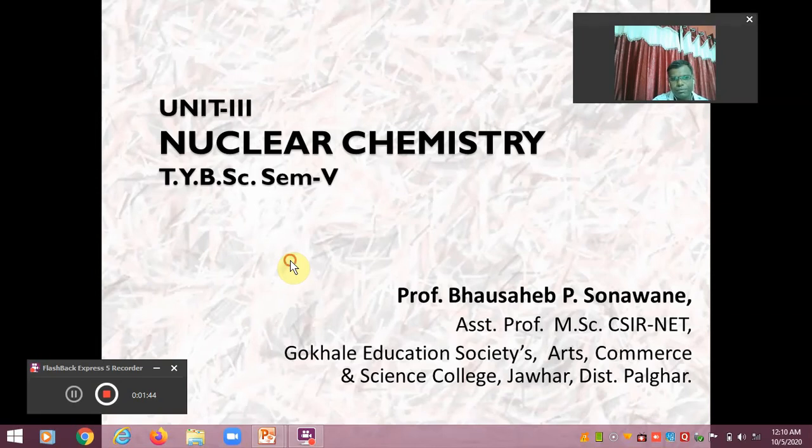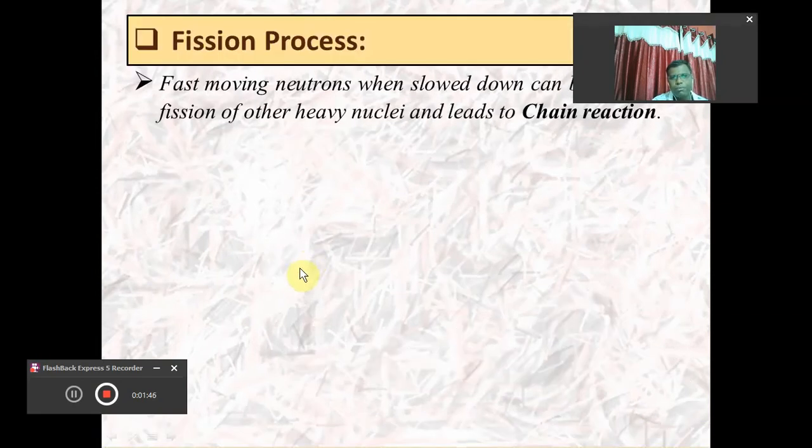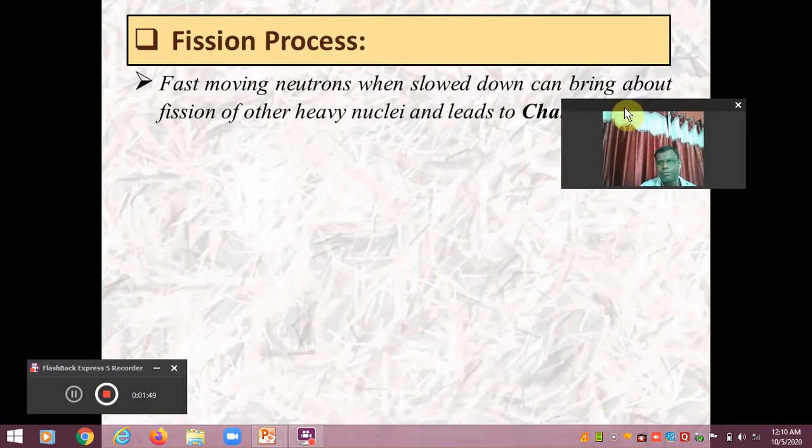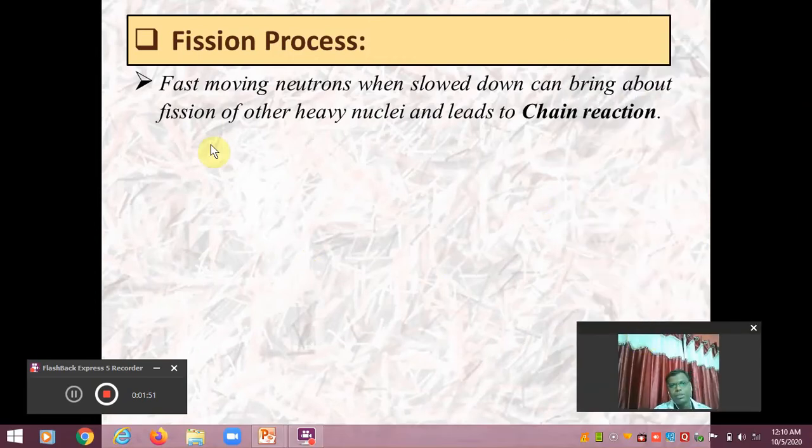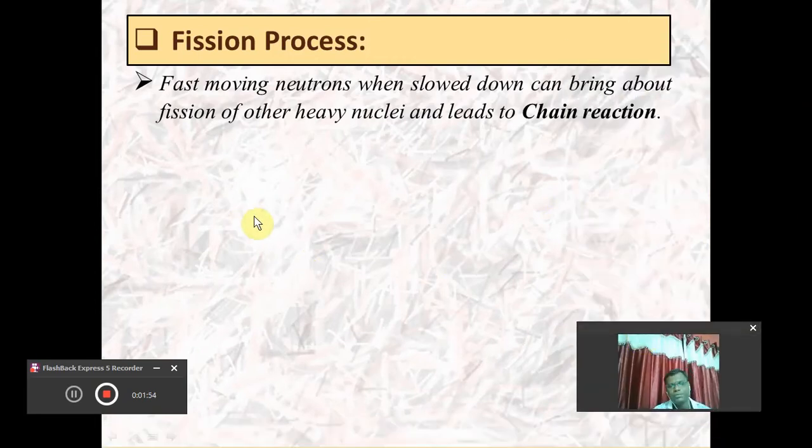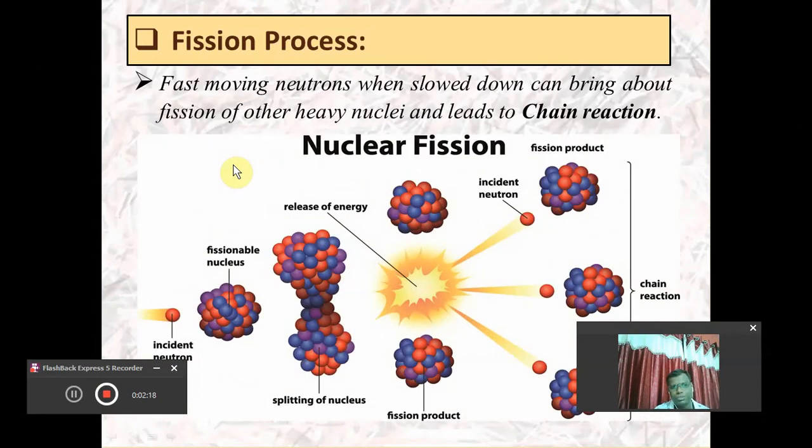But before this, if you remember the last lecture, we discussed the fission process, because it is one of the most important processes used to convert nuclear energy into electrical energy. How can we convert this nuclear energy into electrical energy? Definitely, in order to obtain the nuclear energy, the fission process is very important.